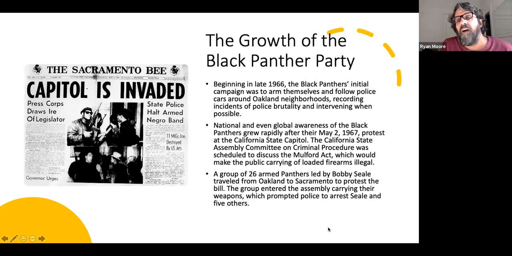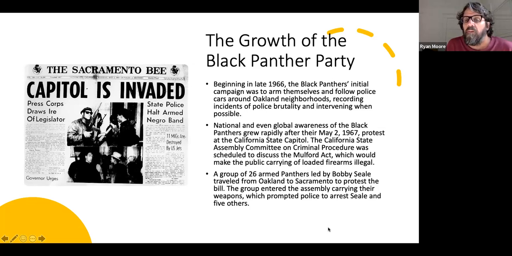The governor at that time in California, of course, was Ronald Reagan, and the Republican Party was behind a lot of this to try to get the guns out of the hands of the Black Panthers in particular. So the Panthers sent a group of 26 of them, armed and led by Bobby Seale, traveling from Oakland to Sacramento to protest the bill.